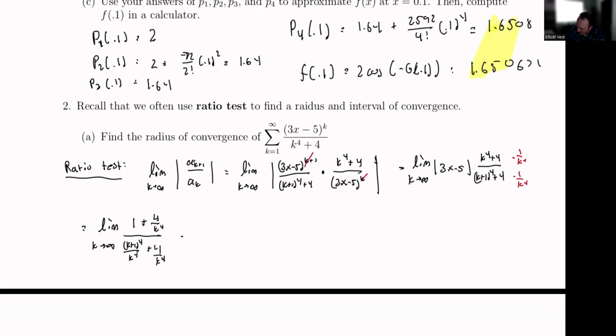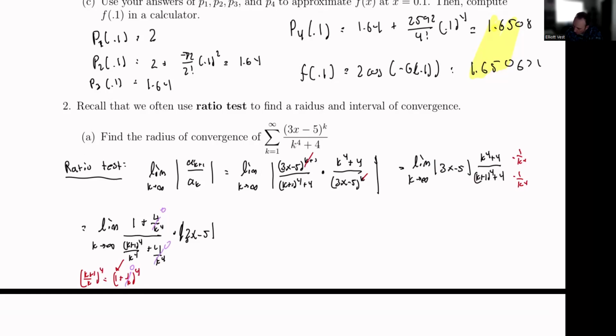Oh, and I still have that 3x minus 5. Well, this is k plus 1 over k to the fourth, which is 1 plus 1 over k to the fourth, right? So this goes to 0. This is going to be 1. This goes to 0. This goes to 0.